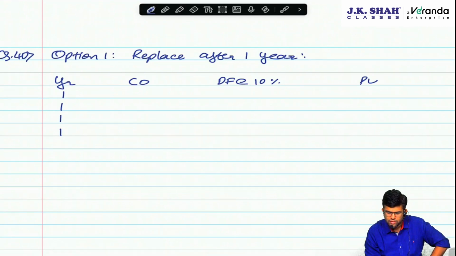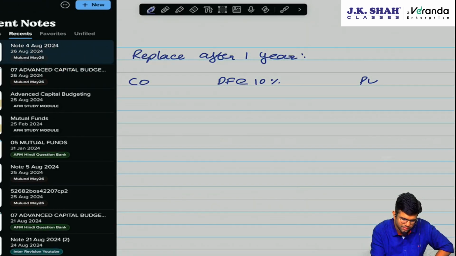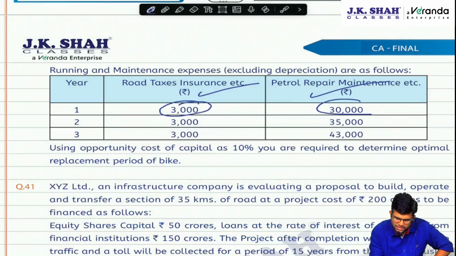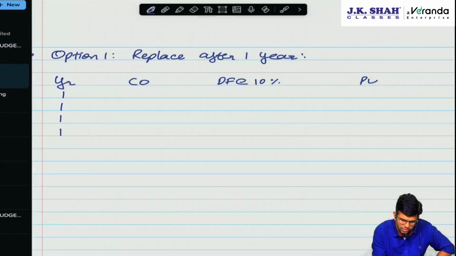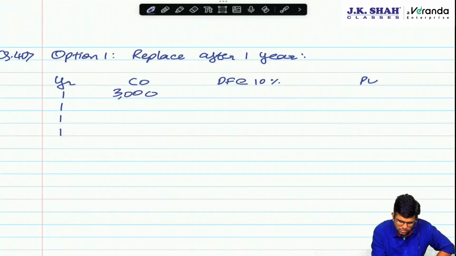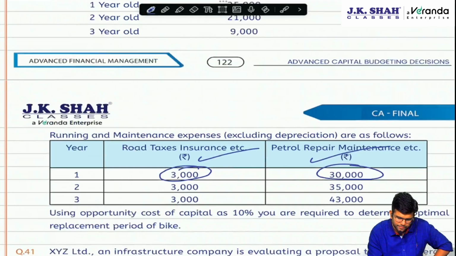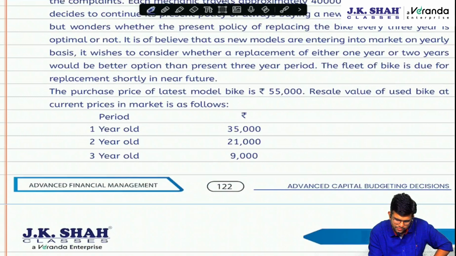Getting clarity, no? Okay, tell me in year one what all cash outflows will happen then. 3,000 plus 30,000. So write down 3,000, 30,000. Then when you sell the bike, you will get 35,000.